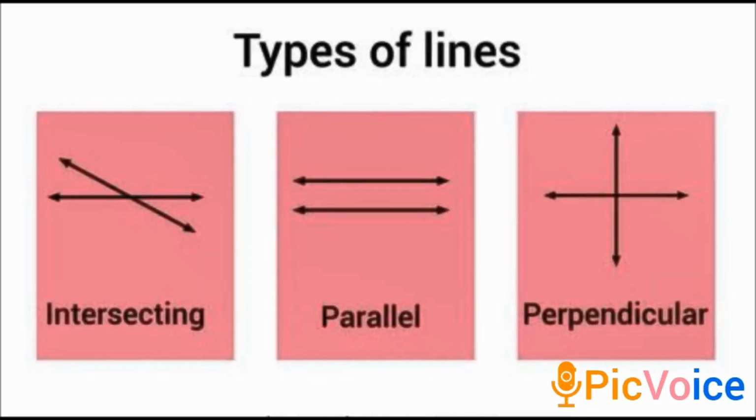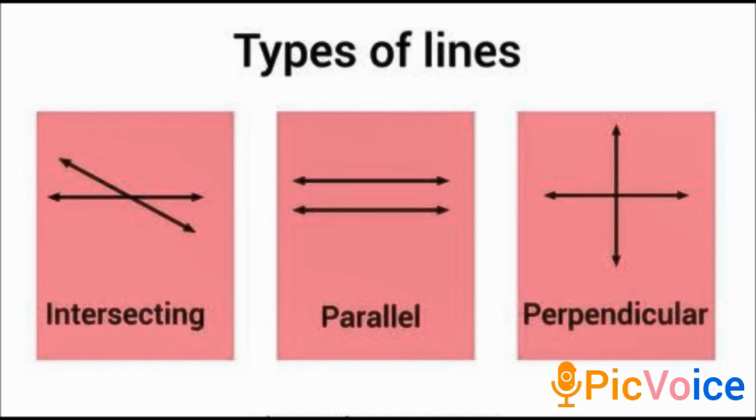Thus, children, we have discussed intersecting lines, parallel lines and perpendicular lines. See the diagram. First you are seeing intersecting lines. What is meant by intersecting lines? The lines which meet each other at a particular point are said to be intersecting lines. What is meant by parallel lines? The lines which never meet each other are said to be parallel lines.